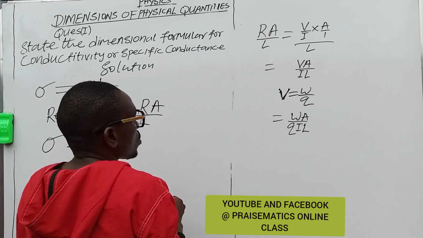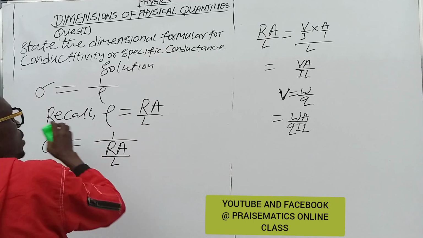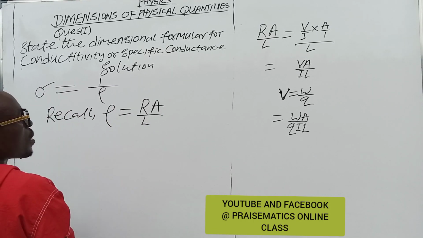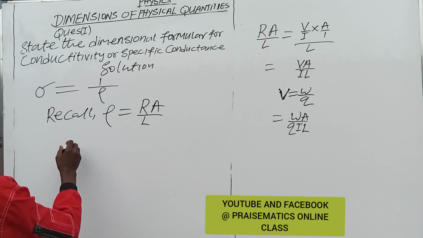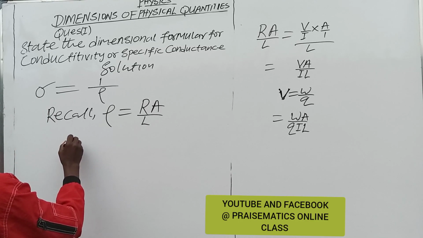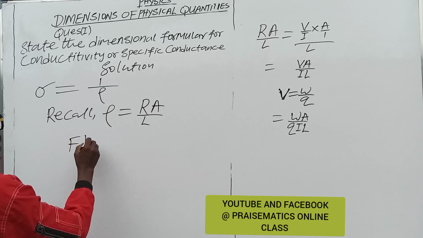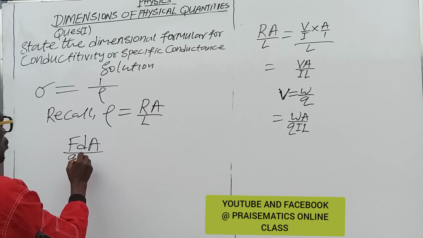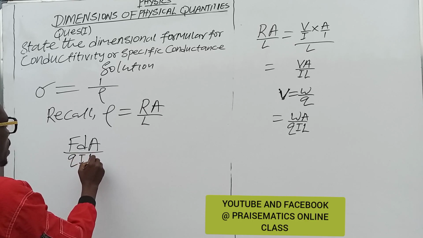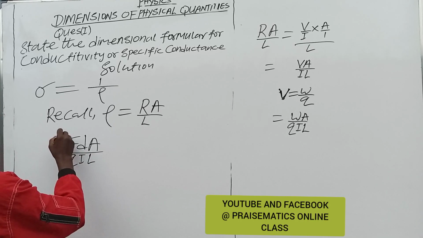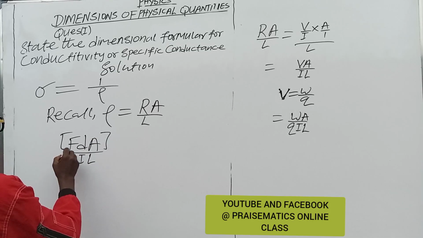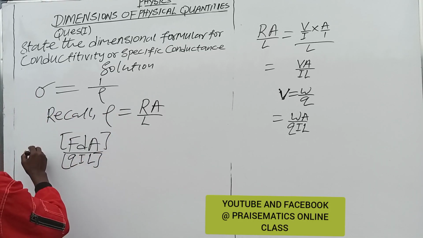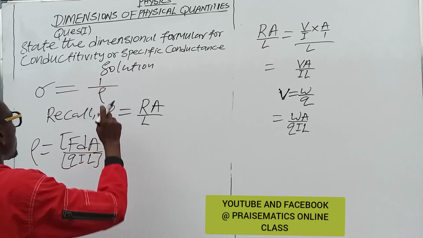So now let's look at this. Resistivity is equal to, now what do we have? W is work done, which is force multiplied by distance, times A over Q I L. Now we find the dimension of this. After solving this rho, we now substitute it here.